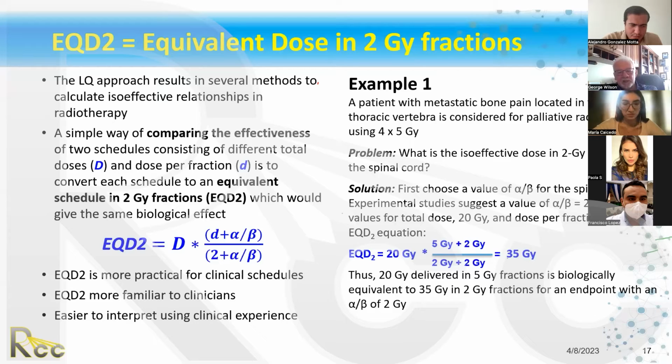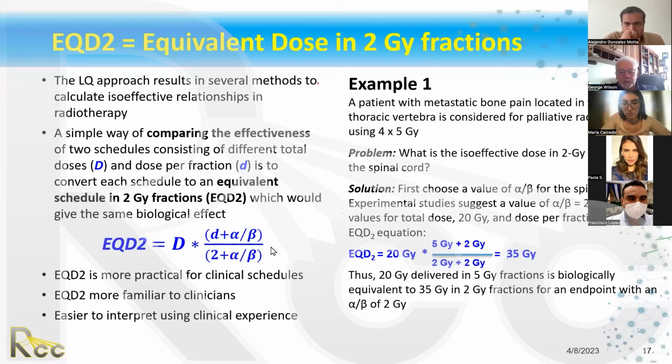And so for clinicians, this equivalent dose in 2 gray is more familiar, it's more practical, and it's easier to interpret. But again, it's not telling you the actual effective dose that tissue is getting. The linear quadratic is used to measure the equivalent dose in 2 gray. So this is the standard equation.